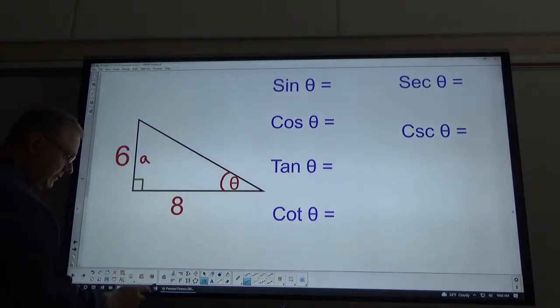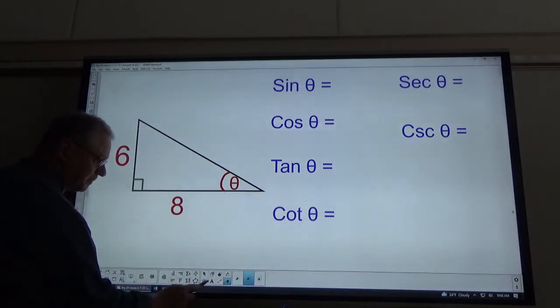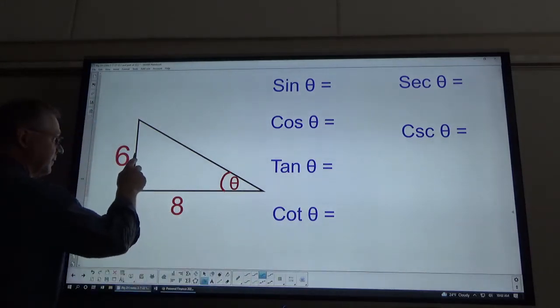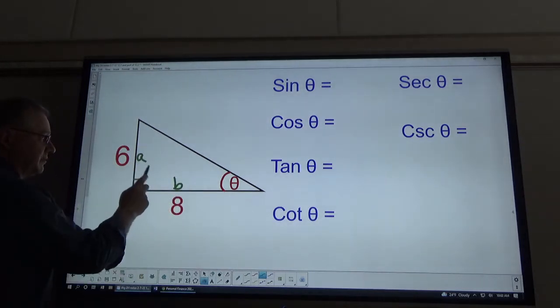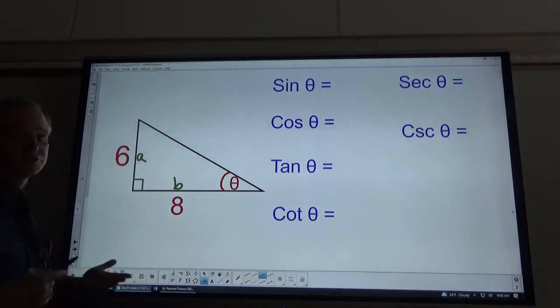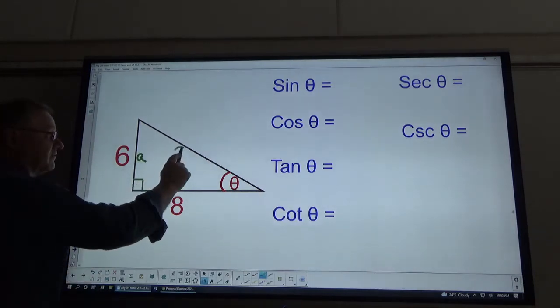Now, it doesn't matter if this is A or if this is A. I'm going to choose this to be A and this to be B. You can interchange the legs, but you can't do that for the hypotenuse.